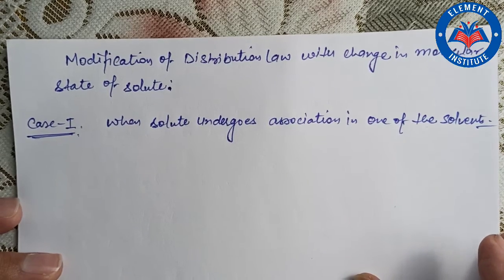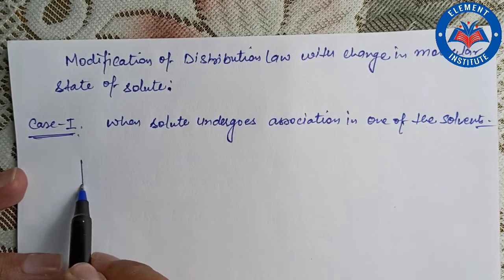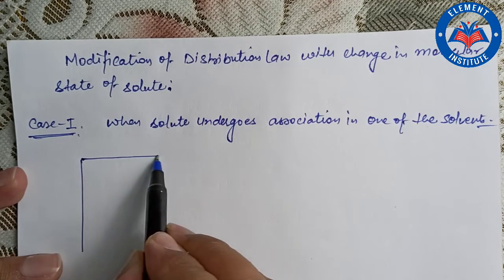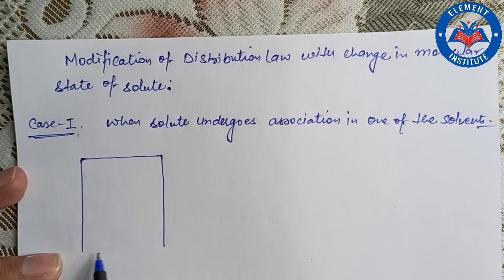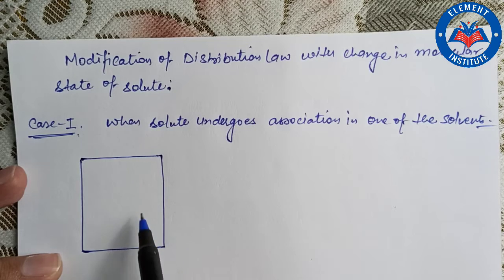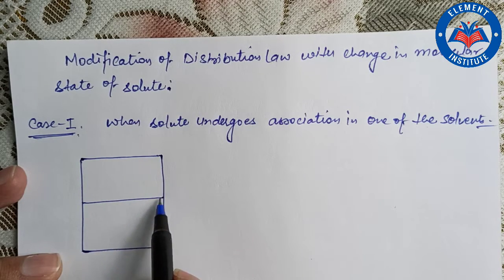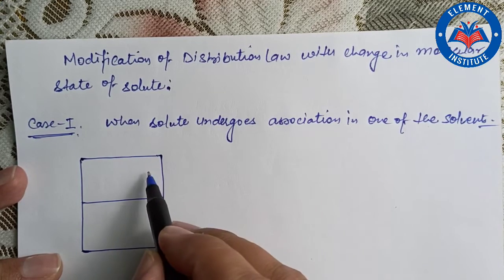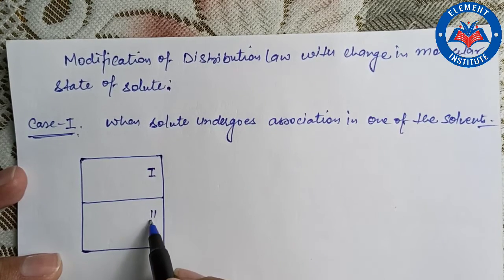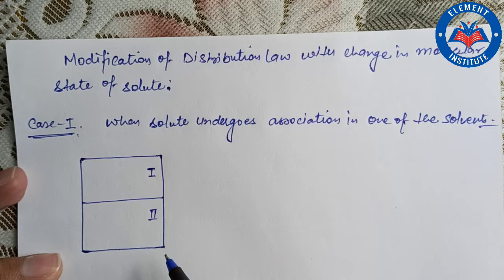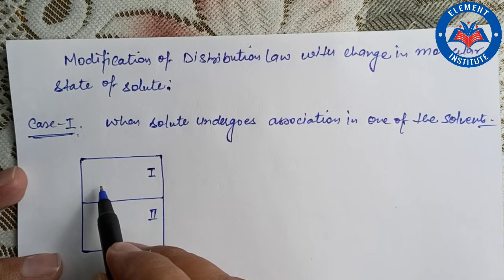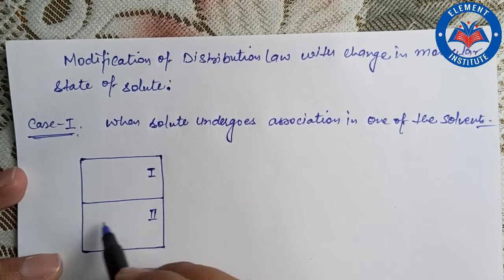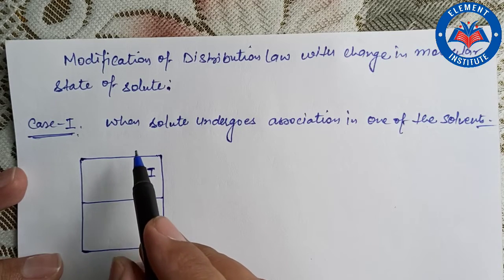Now suppose we have a mixture of two immiscible liquids, that is liquid A and B or liquid 1 and liquid 2, and a solute X is distributed between these two liquids.